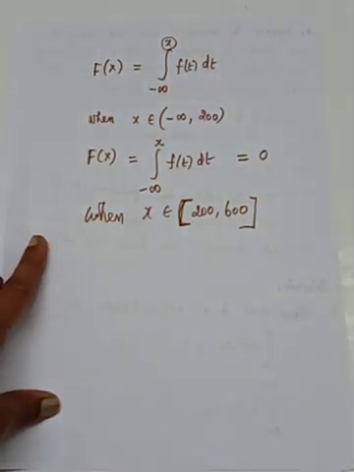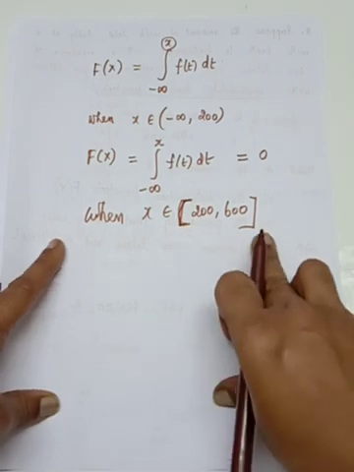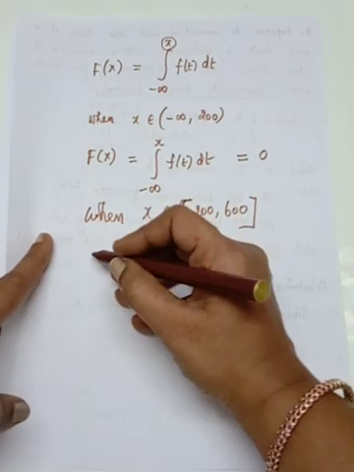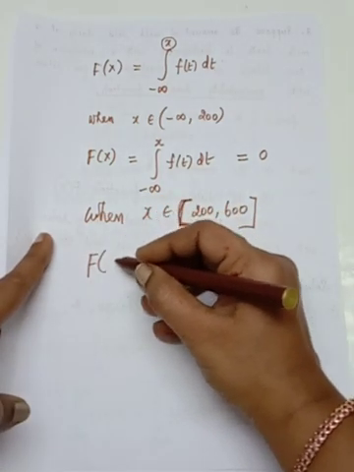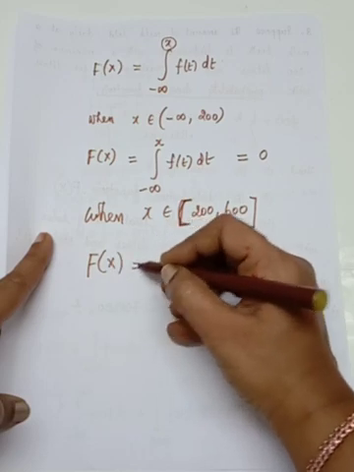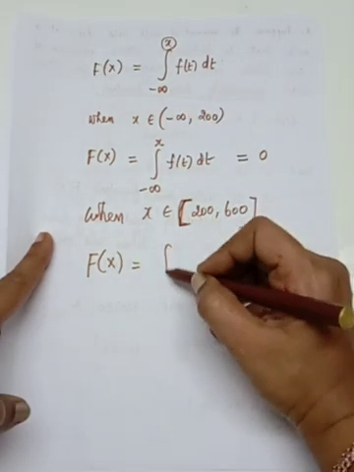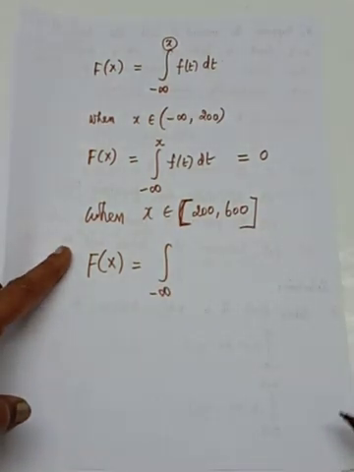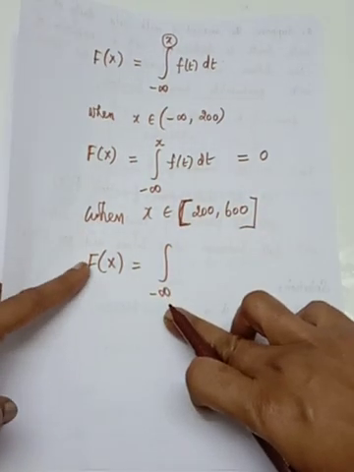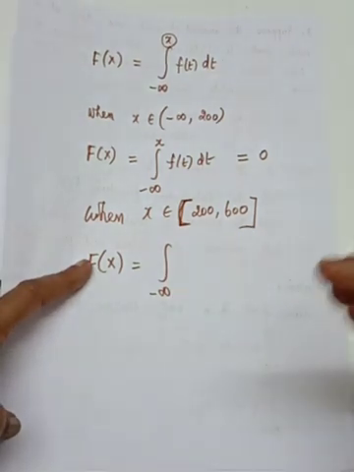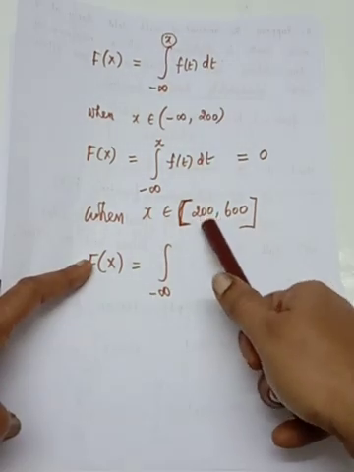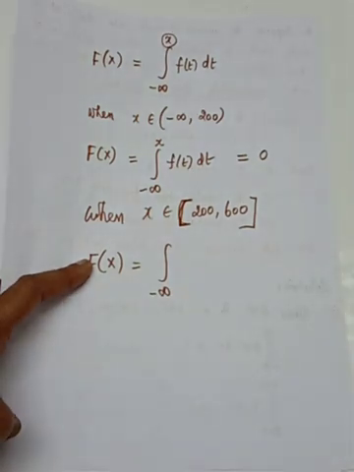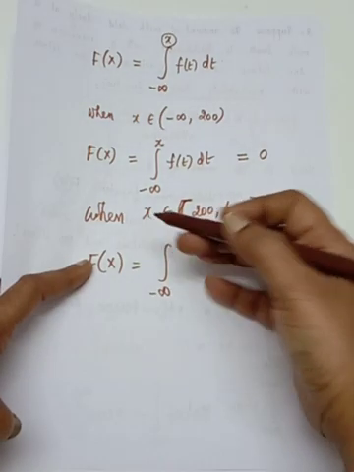But for the continuous random variable, you need not worry about the single point. Okay, so here the closed interval I have written. Now what I have to write? Just listen carefully. Capital F of x. What is the formula? I have to start from integral minus infinity, where I have to complete x. Because your x varies from 200 to 600 only, before that your x is not included.